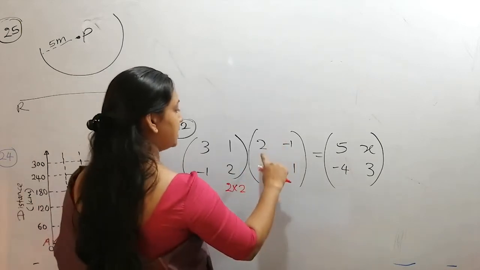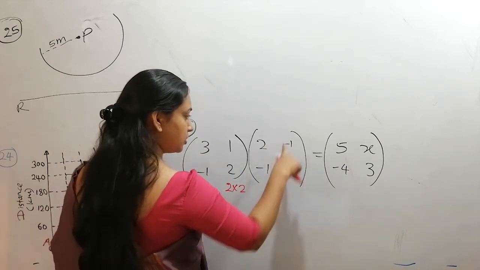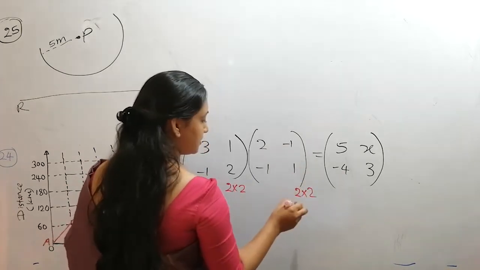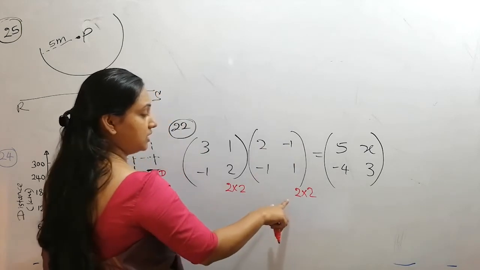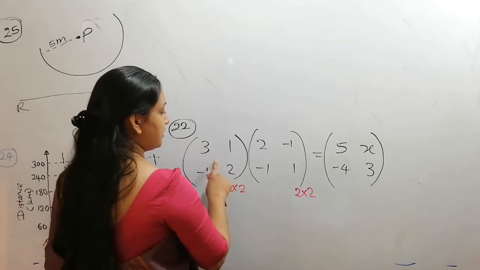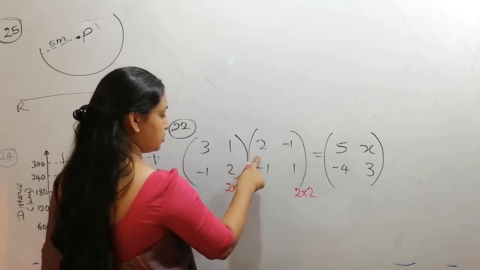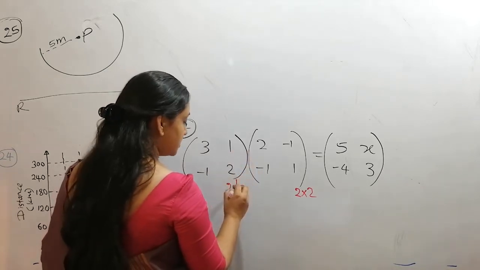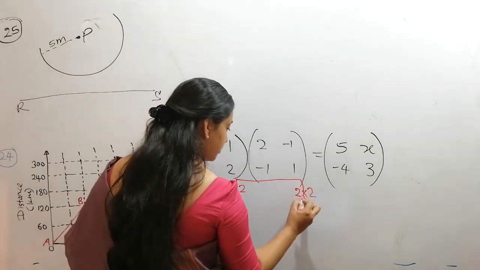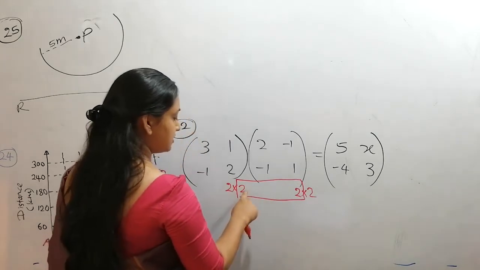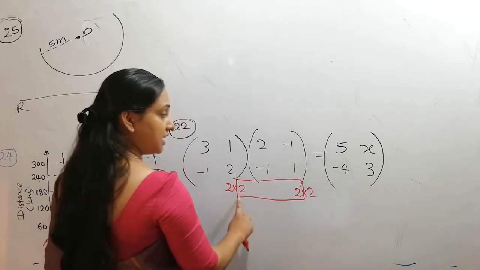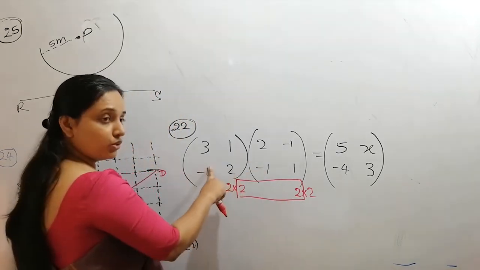And here again there are 2 rows and 2 columns, so this is also a 2 by 2 matrix. The number of columns in the first matrix should be equal to the number of rows in the second matrix. Here this number and this number should be equal. Here it is equal, then we can multiply these two matrices.